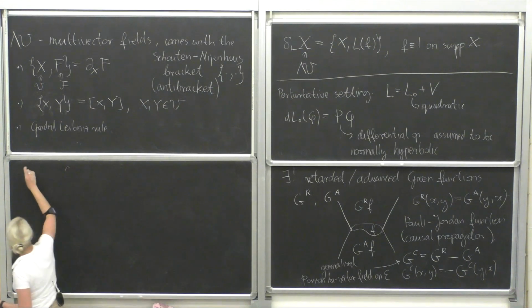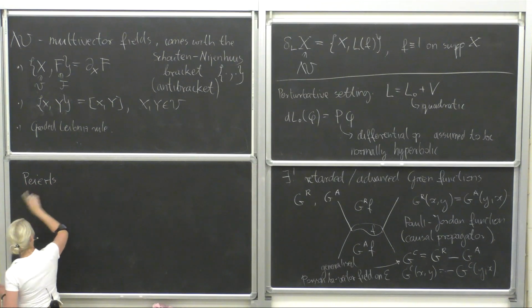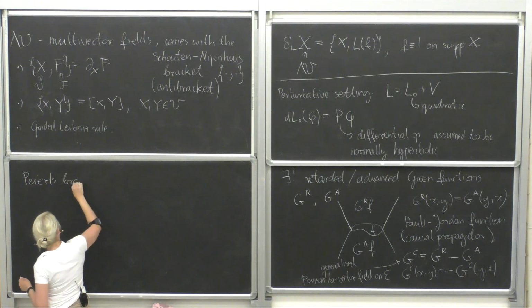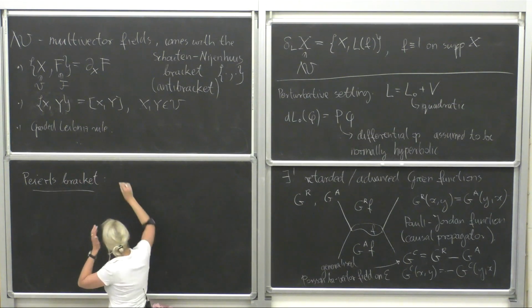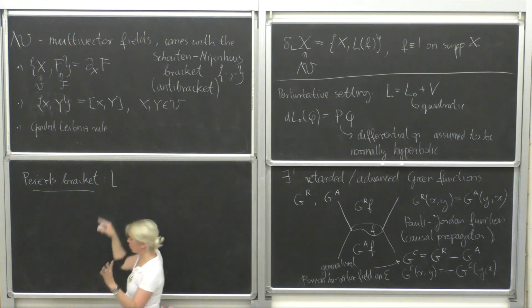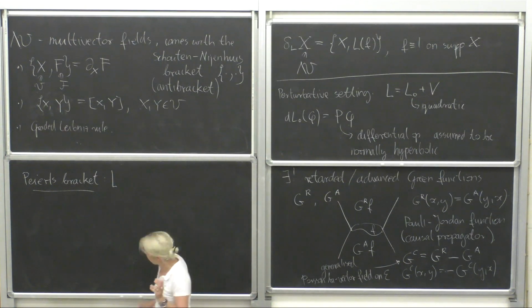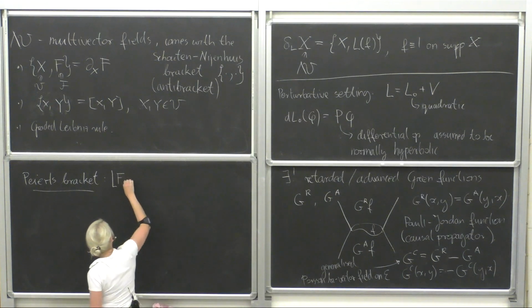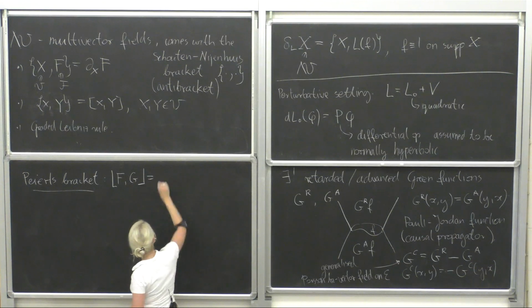And this construction goes back to Peierls. So this is called Peierls bracket. Okay, so I want to use this sort of maybe funny notation because I want to distinguish it from the anti-bracket. So this bracket of F and G is defined as follows.